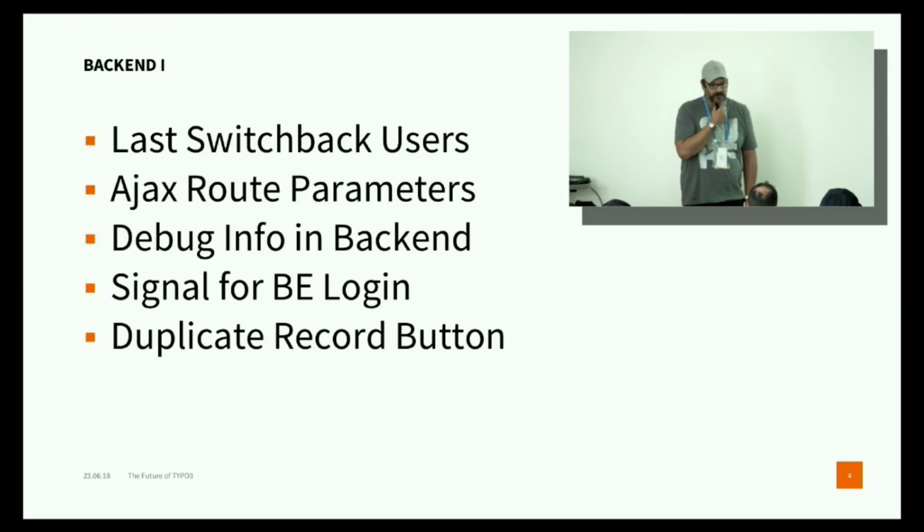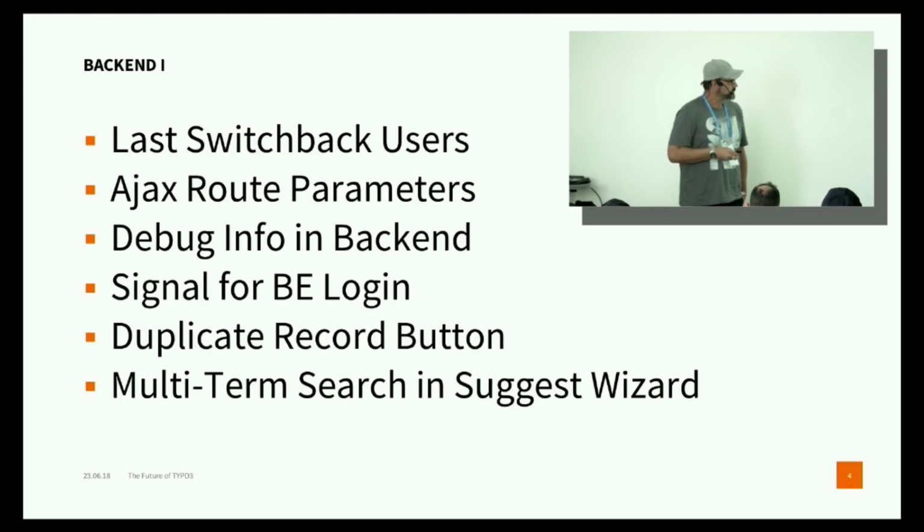Then another very helpful thing that was requested quite often is that we have a button to duplicate a record. So you no longer need to go down the copy, paste, insert, find the record again route. You just have a duplicate button that you can enable via page.tsconfig. And another helpful thing is the suggest wizard that you have with a lot of database relations.